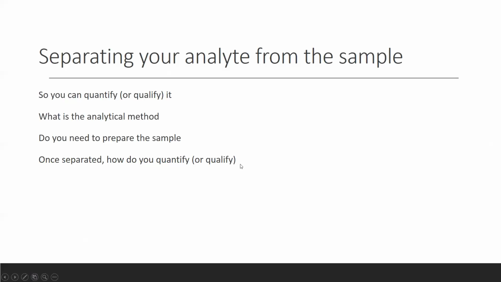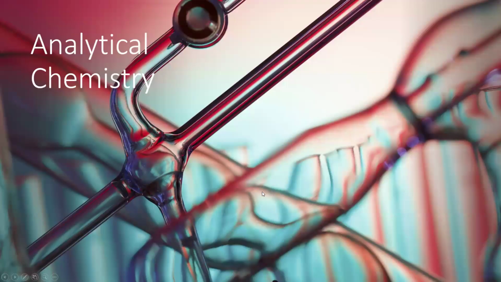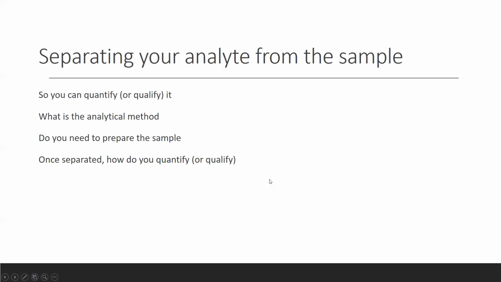And so just to finish off, I just want to give a quick way of thinking about methods to apply to each of the lectures starting next week, just to conclude. So all analytical methods are about separating your analyte of interest from the sample so that you can describe it, either quantifying it or saying whether it's present or not. There are not that many different methods, but there are loads of analytes. So think about the following for each analyte.